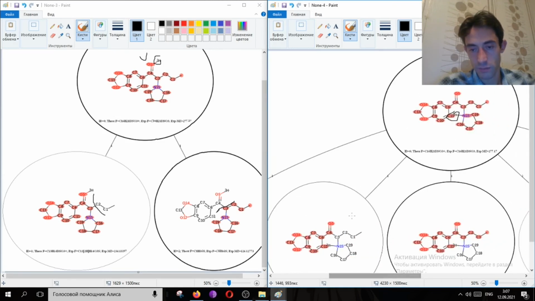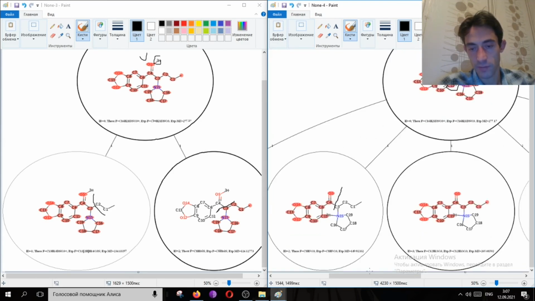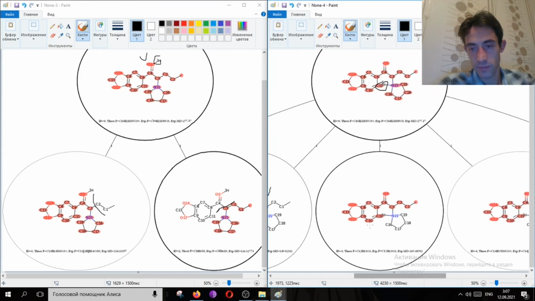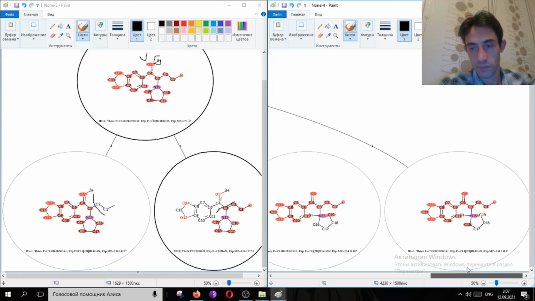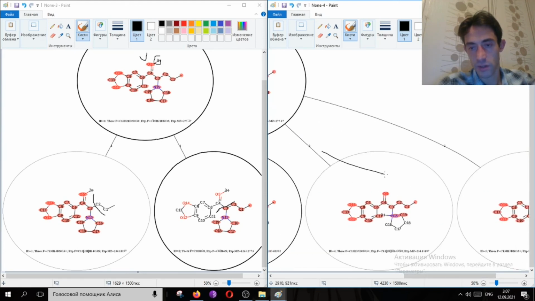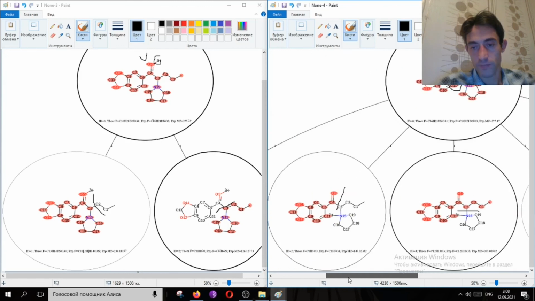This one, forming this one, and those are unlikely pathways because you see it requires breaking of two bonds.